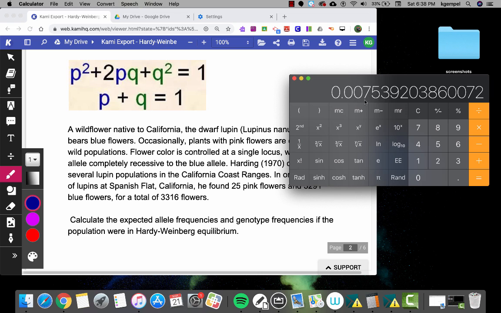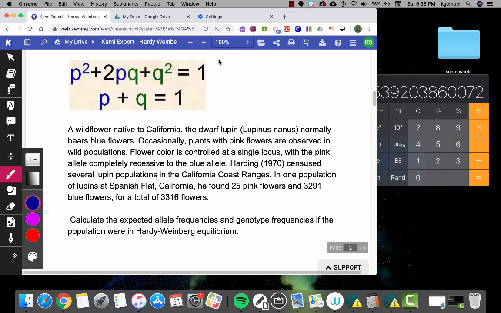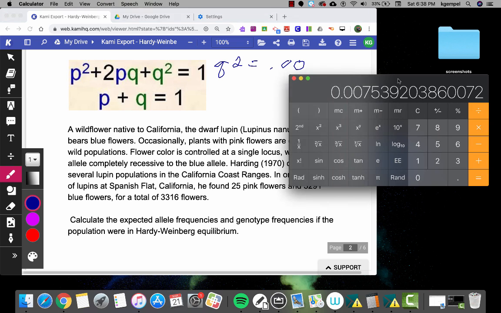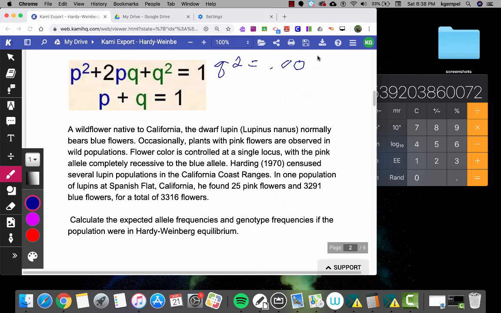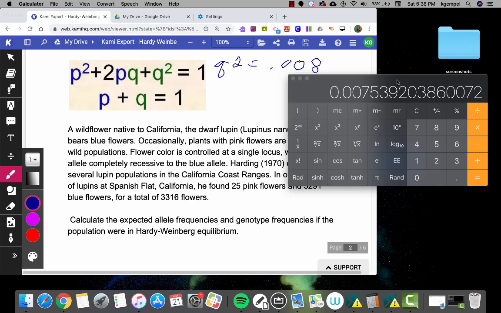0.0075. So I'm going to do some rounding here, and I'm going to say that Q squared, that's what I just figured out, is going to be equal to 0.008. Okay, so that's Q squared. So now I've got to figure out Q. So what I'm going to do here is take the square root.